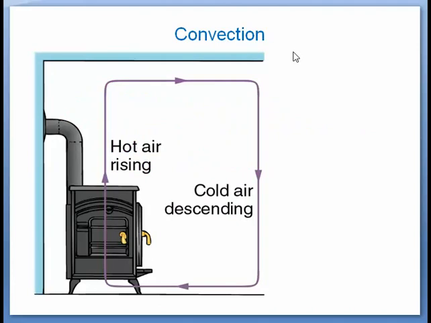The second mode of heat transfer is convection. This we have seen in daily life. Once air gets heated up, its density decreases and it moves in the upward direction, and it pushes the cold, heavier air having more density downward.